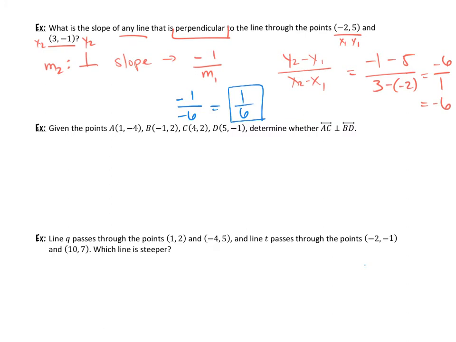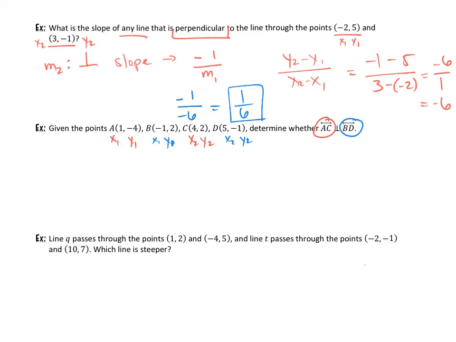In our next example, we have 4 points, and we're going to be looking at 2 different lines, line AC and line BD. I'm going to do these in 2 different colors: A will be x1, y1, and C will be x2, y2. And our other line is line BD, so B will be x1, y1, and D will be x2, y2.